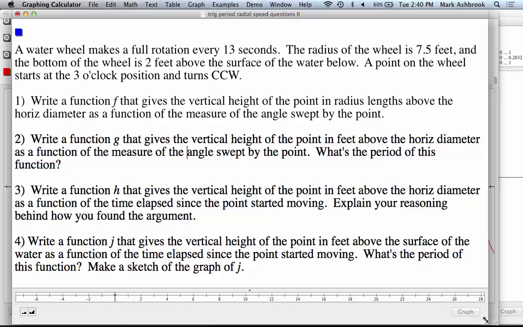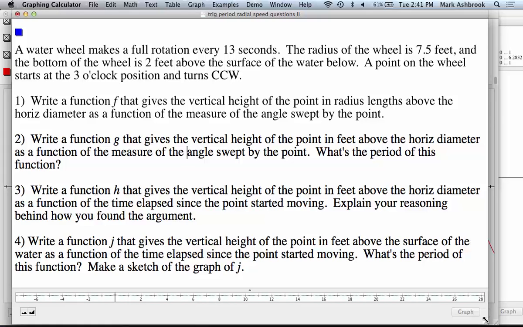Write down your answers, your functions, and show us. Read carefully, know what you're reading, connect it to what we're doing.